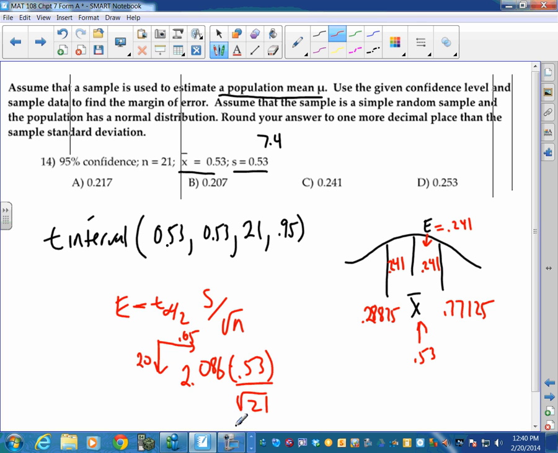Punch it out, make sure it's the same. You can do it with the T-score, sample standard deviation, and square root of N. You would use area and two tails. That's alpha. It's the same thing.